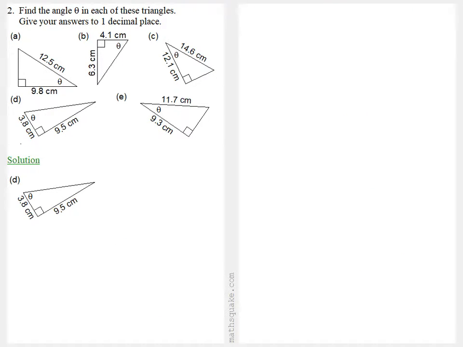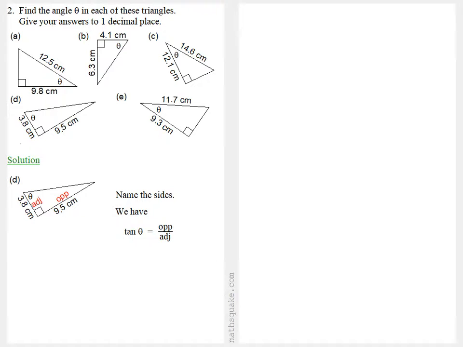In part D, again, name the sides. Now, the side 3.8 centimetres is next to the angle theta and next to the right angle, so it's the adjacent side. The side 9.5 centimetres is opposite the angle theta, so it's the opposite side. Now we have opposite and adjacent, so that's tangent.